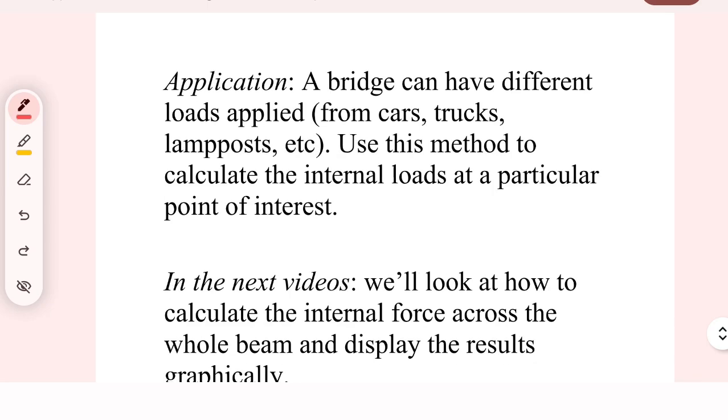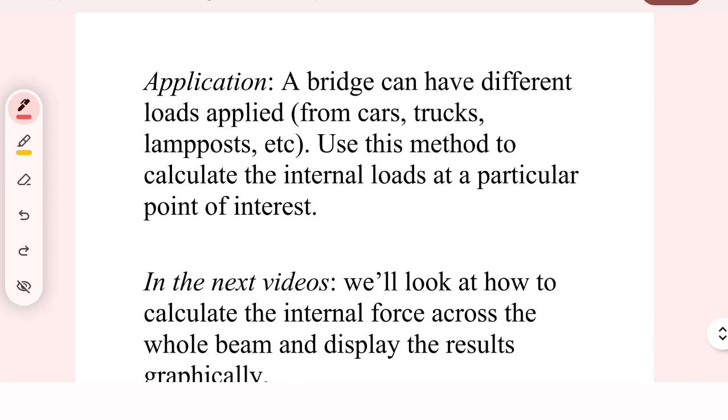So what's the application of these forces? When you are a civil engineer, the application is, of course, when you design a bridge. A bridge can have different loads applied. There might be loads from cars, from trucks, from lampposts, etc. And you can use this method to calculate the internal loads at a particular point of interest in the bridge.